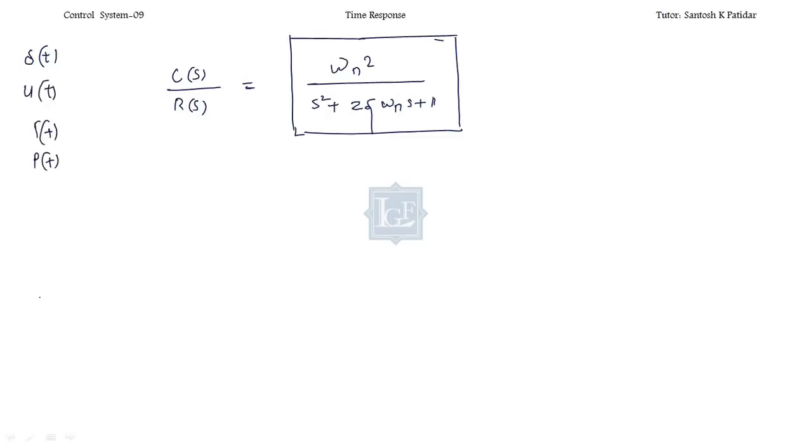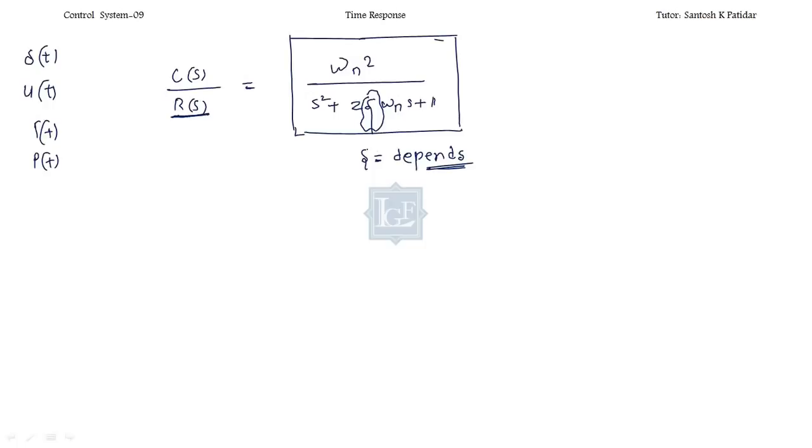We'll get the output corresponding to these. But in the second order system we have a twist: the response also depends on zeta value. In the first order system we don't have zeta, so the system response directly depends on the inputs only, but here it depends on zeta.